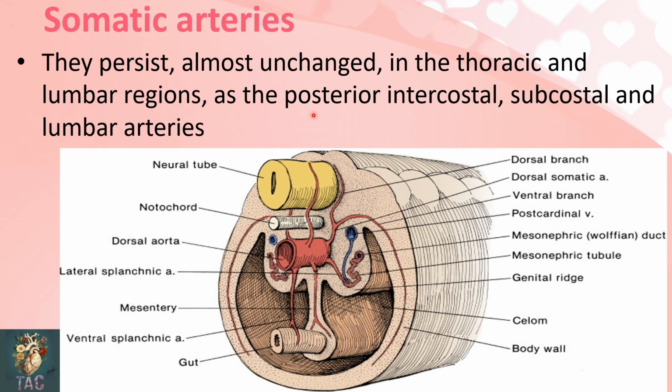These are almost unchanged in thoracic and lumbar region and forming the posterior intercostal arteries, the subcostal and lumbar arteries. So please remember, these are your MCQ, that the posterior intercostal, the subcostal and lumbar arteries, they are derived from somatic arteries.